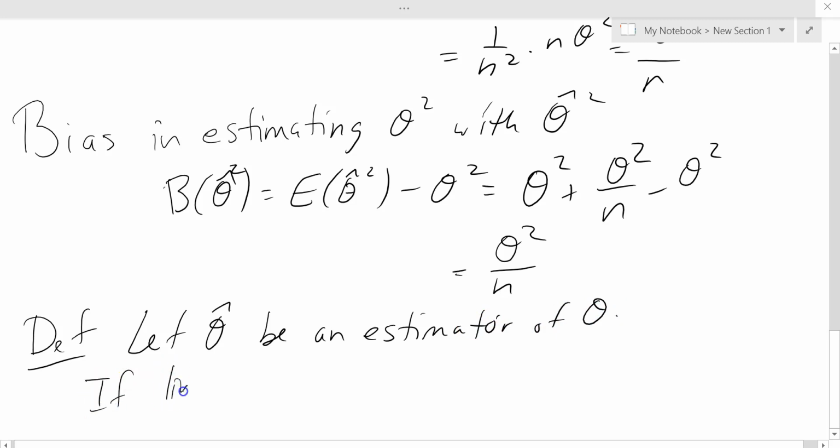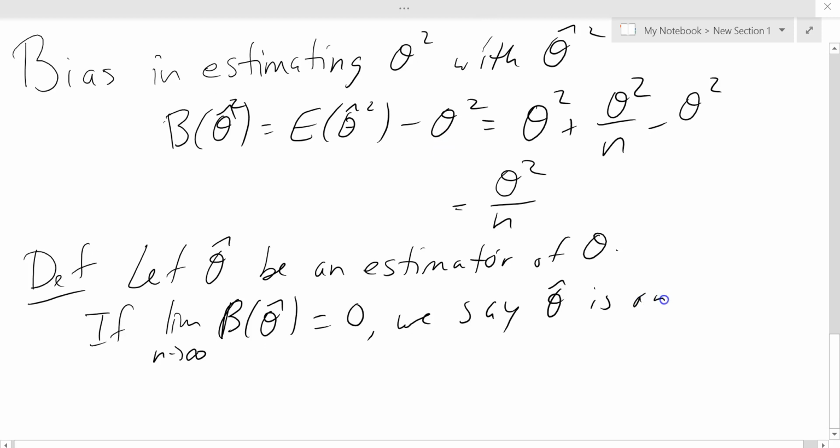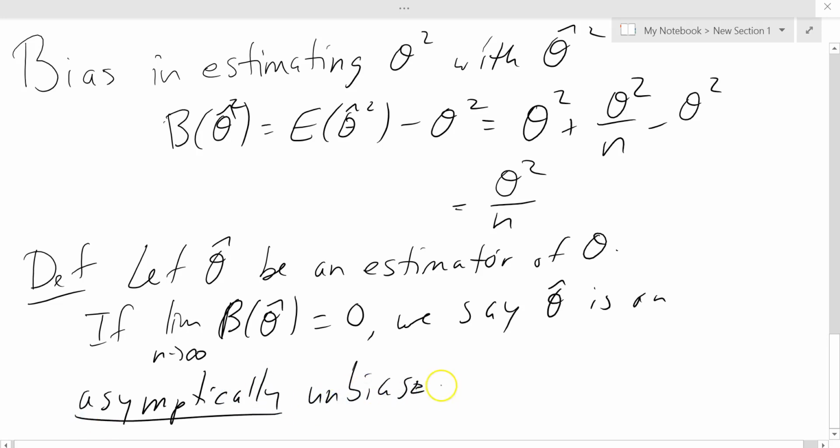If the limit as n goes to infinity of the bias in theta hat is equal to 0, we say that theta hat is an asymptotically unbiased estimator of theta.